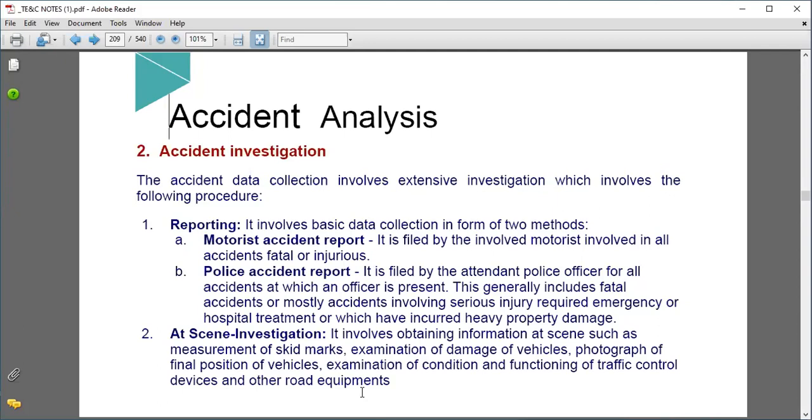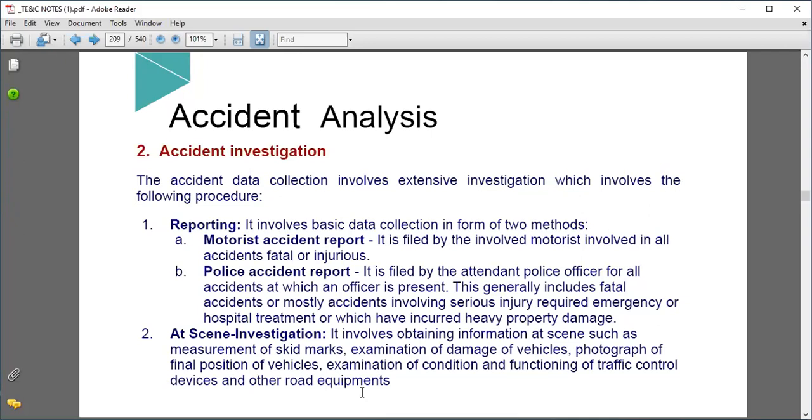This generally includes fatal accidents or mostly accidents involving serious injuries requiring emergency or hospital treatment, or which have incurred heavy property damage. So such points will be filled in by the police accident report.